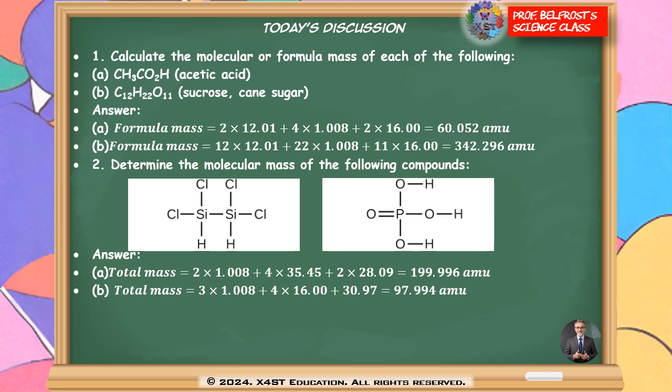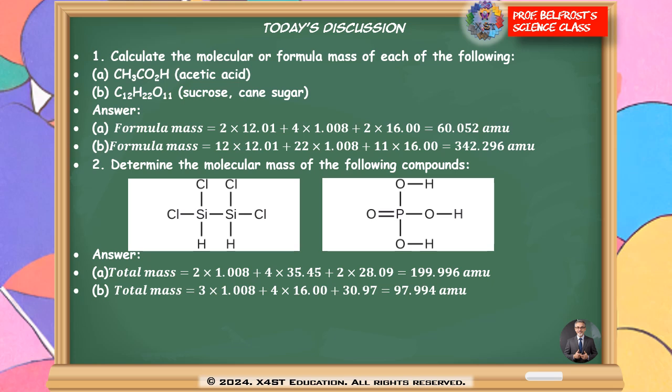First, you need to take out your periodic table printout and identify the molar mass of each of the elements, carbon, hydrogen, oxygen, the ones used to calculate the compound's formula mass.